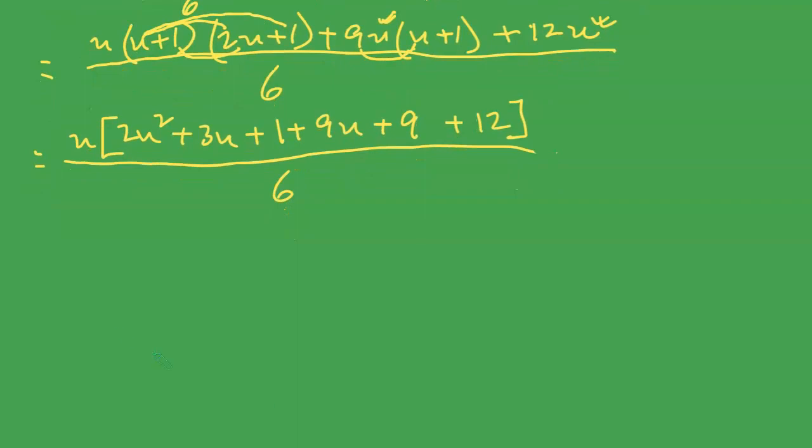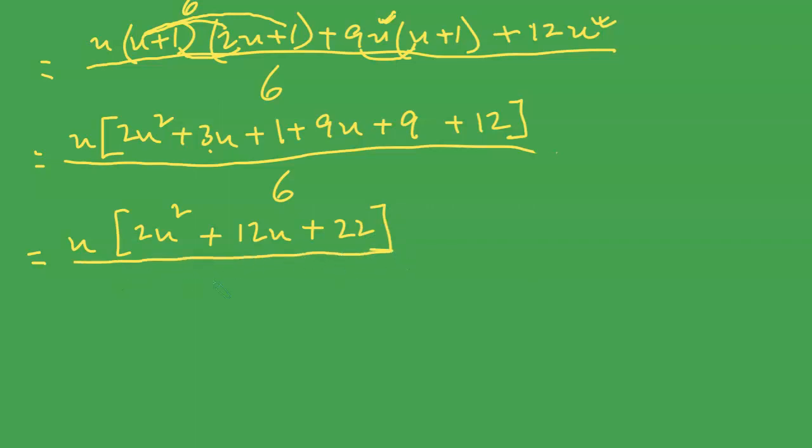And this is 2n squared plus 3n plus 9n is 12n. And this is 1 plus 9 is 10, 10 plus 12 is 22, over 6. I can at least take out 2 as the common factor from all three terms.